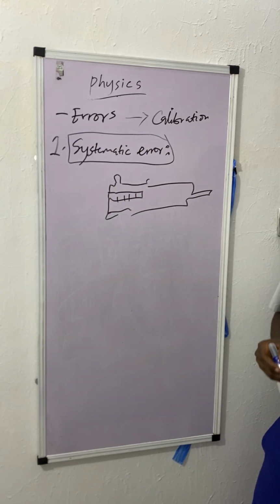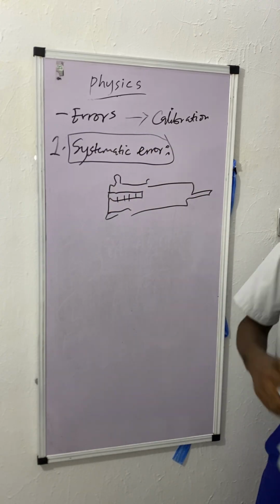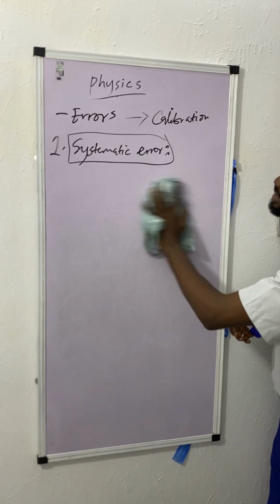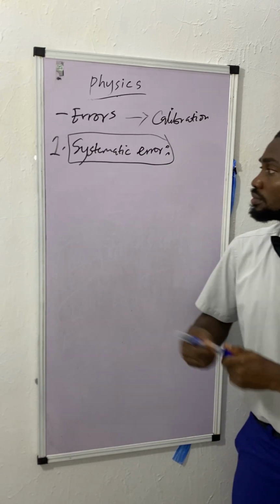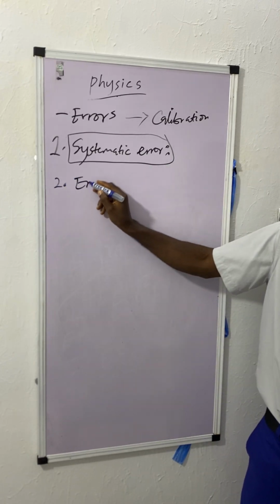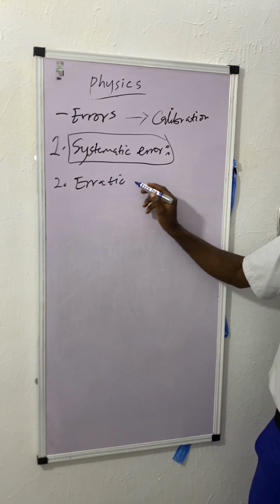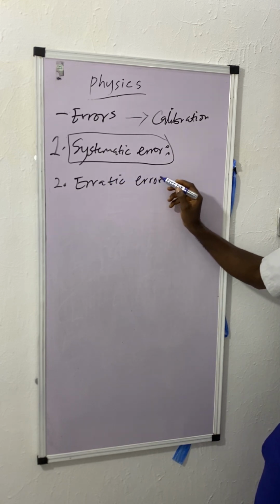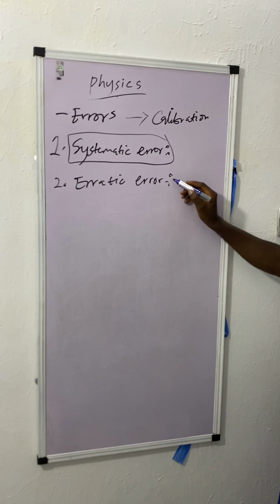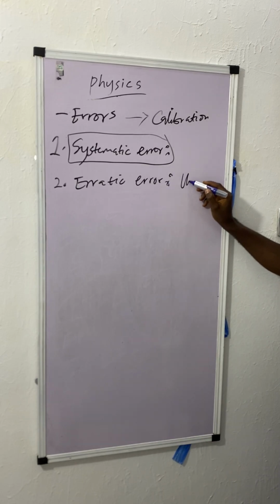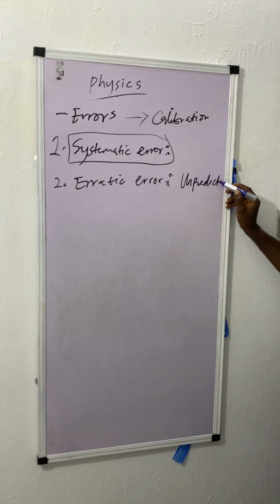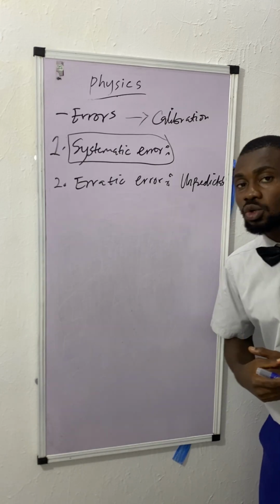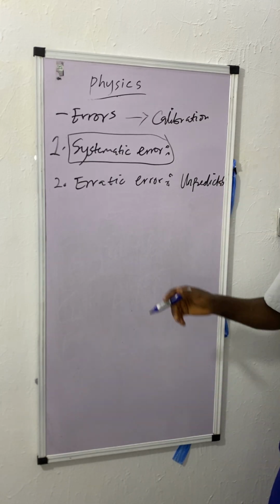All right. Let's look at the second type of error, which is known as erratic error. Number 2 is erratic error. Erratic error is related to what? Unpredictable factors.